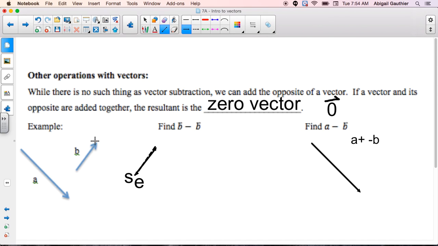All right, so we said the opposite of vector b would start here and go back. So this would be like a and then negative b, and so my resultant vector is going to begin at the tip of a and end at the head of b. So this dotted vector would be a minus b.